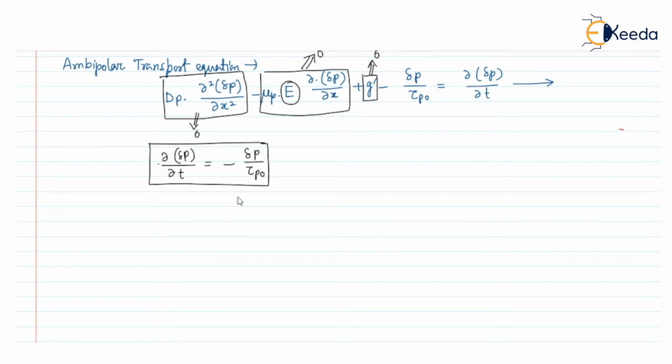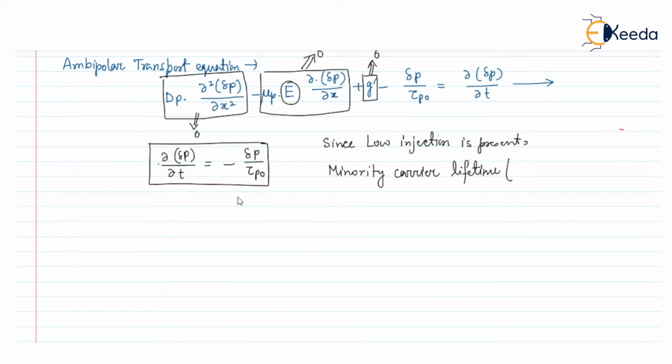According to this question, low level injection is present. Since low level injection is present, we can write that the minority carrier lifetime is constant.